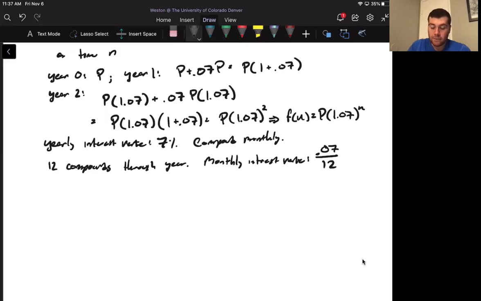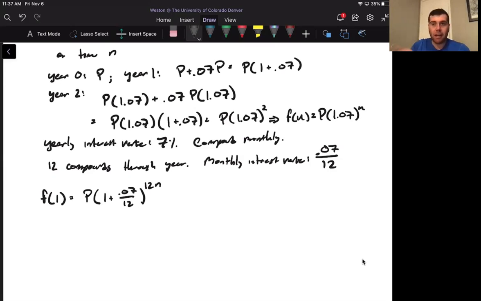And now we do the same computation. So f of 1, except I guess it changes a little bit. So f of 1 is now equal to the amount we invested times 1 plus 0.07 over 12 to the 12, because we had 12 of these intervals happen.